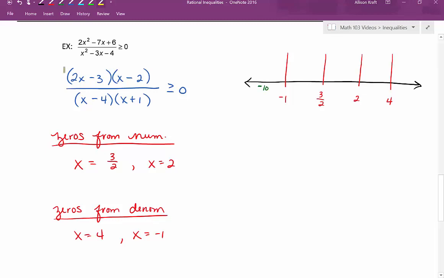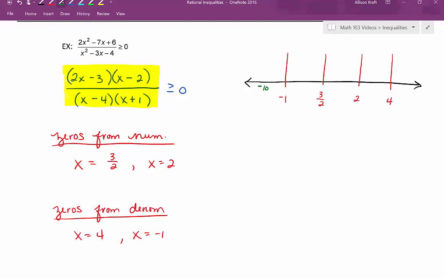Since we were able to put this rational expression in factored form, I'm going to determine the sign by plugging my test points into the factored form and using our even-odd rule. So plugging negative 10 into our first factor, 2x minus 3, that's going to be negative 20 minus 3, negative 23, so that one's negative.